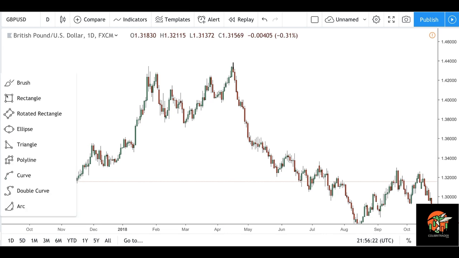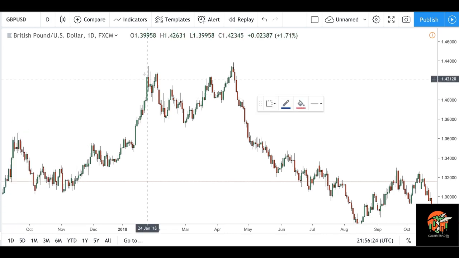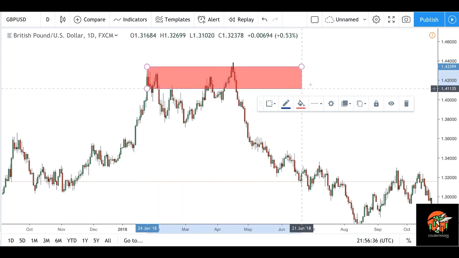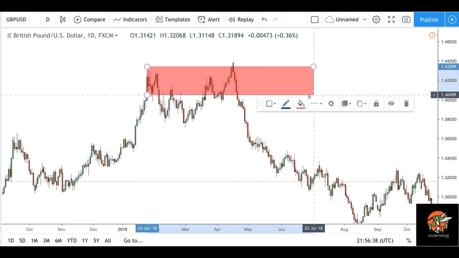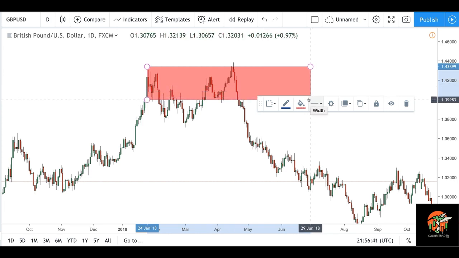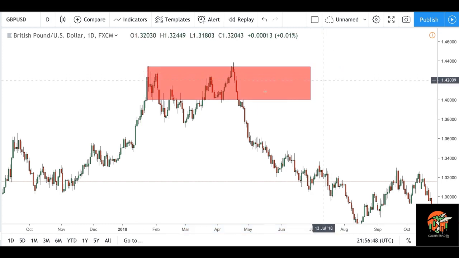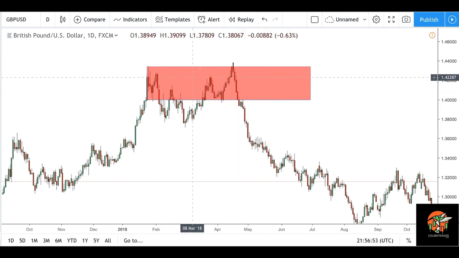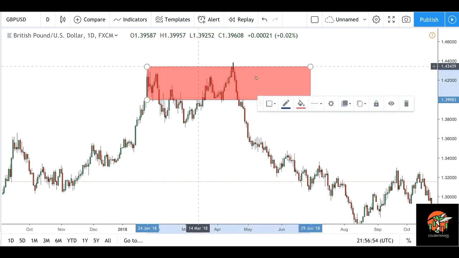So let me first of all draw the supply zone here. Usually you should also recognize the fact that supply and demand zones could sometimes be slightly subjective, and they really depend on the person who is drawing them and using them.